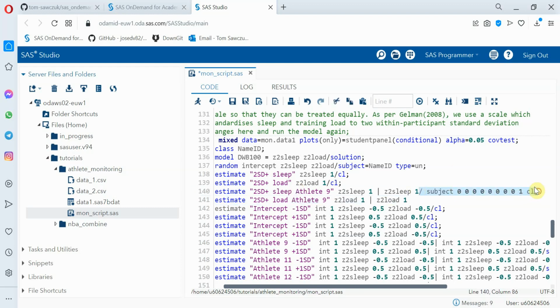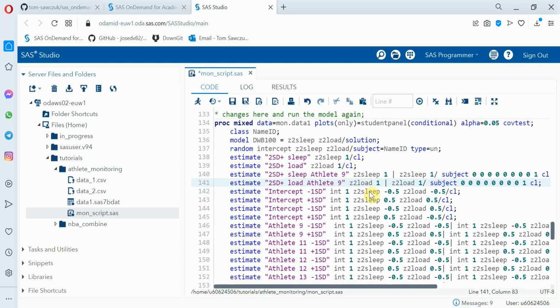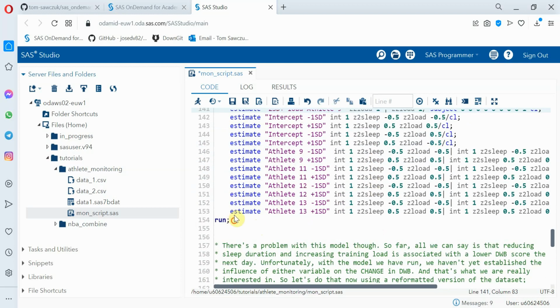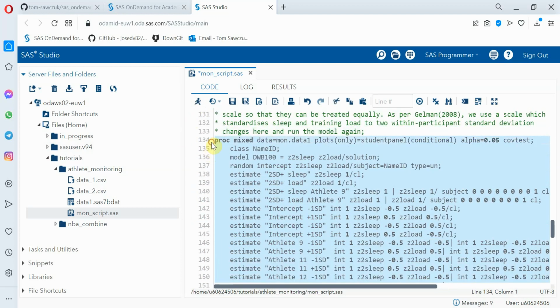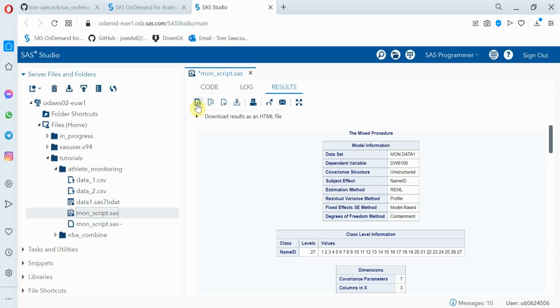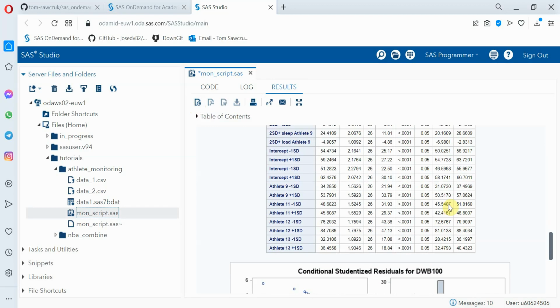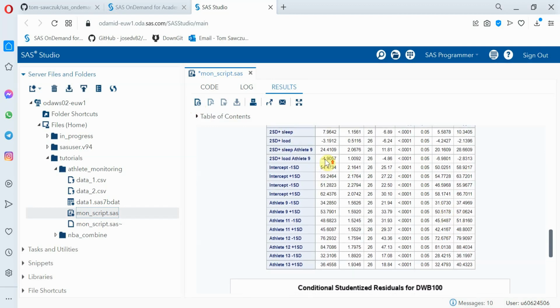So this is athlete 9, and we'll see now if athlete 9 is a responder, where athlete 9 would fall within the responses. And here we are.